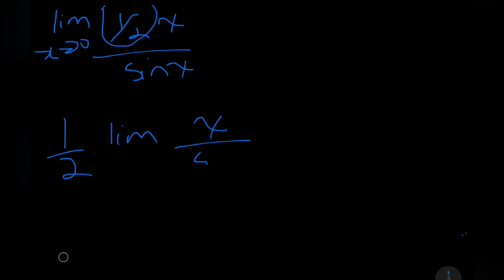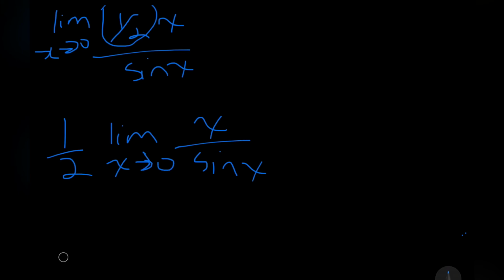Limit of half x over sine x as x approaches 0. The first thing you want to do is to factor out that constant there. So when we factor out that constant, we'd have a half times the limit of x over sine x as x approaches 0.